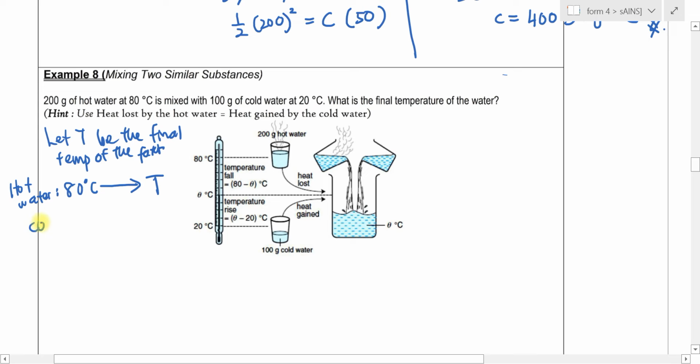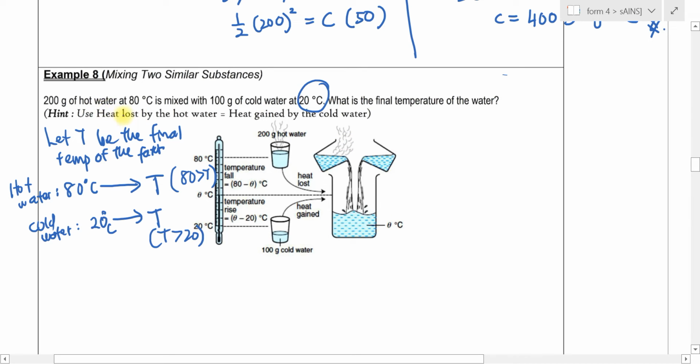Kalau cold water, it is from 20 degrees Celsius, it increases to T. Okay, right. Kita tengok. Di sini 80 is greater than T. Di sini T is greater than 20. Ingat tu sudah cukup. Okay.